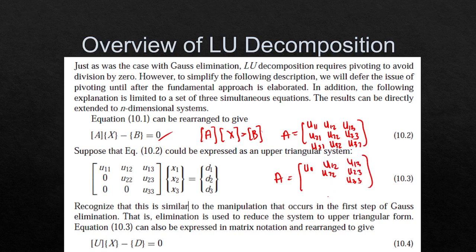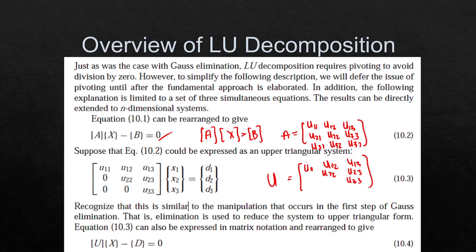So this will be called your upper matrix. That's why it is termed LU, because the term LU is U for the upper and L for the lower. I will be explaining the lower portion.